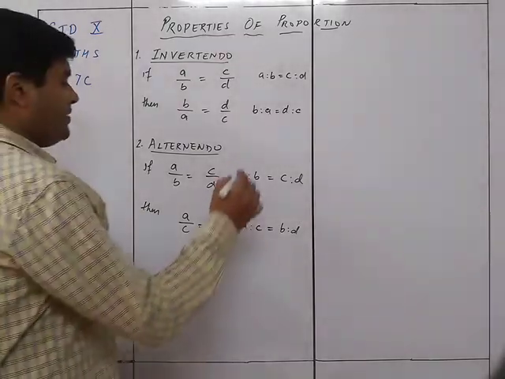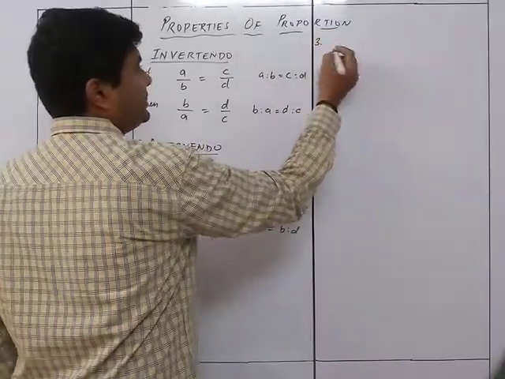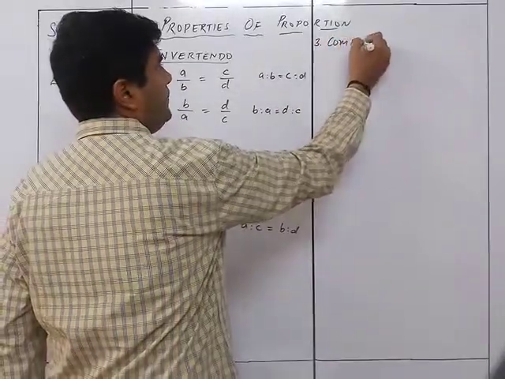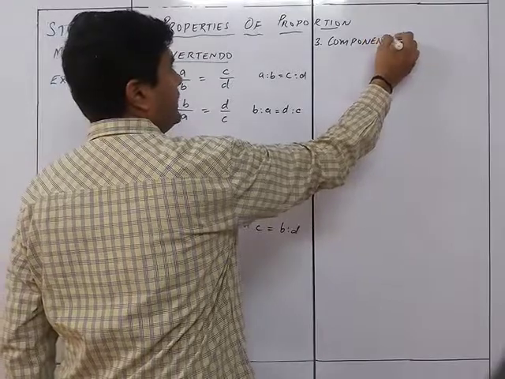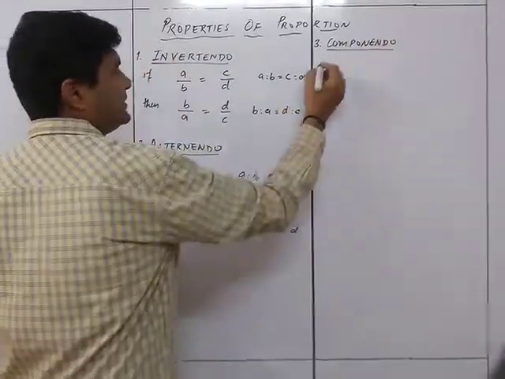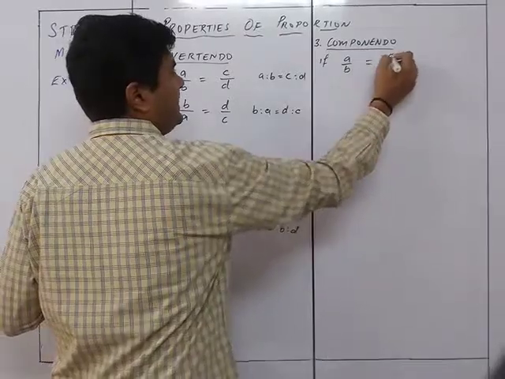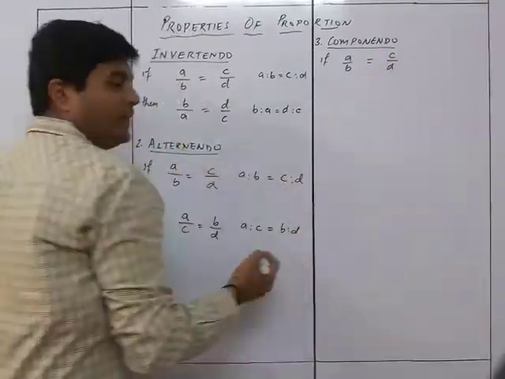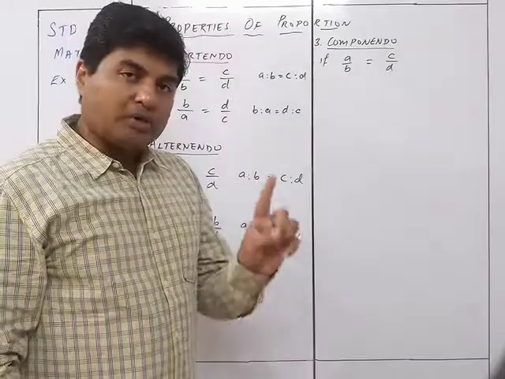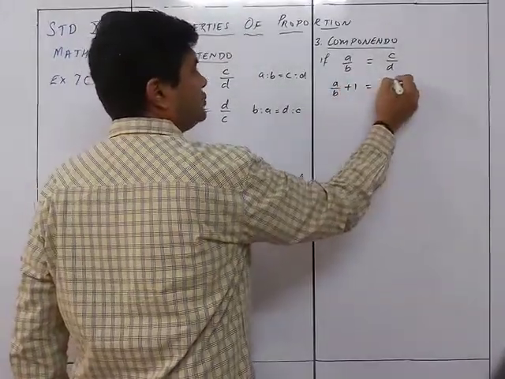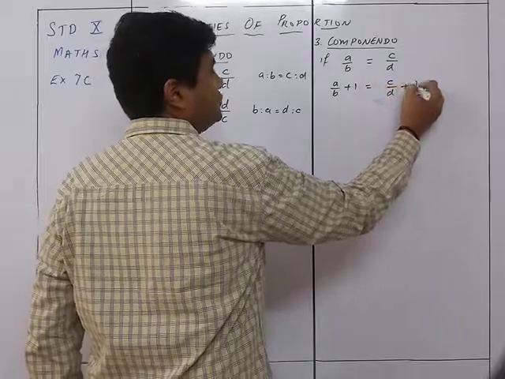The next one is called componendo. If A upon B is equal to C upon D, then we are going to add 1 to both the sides. So we have A upon B plus 1 is equal to C upon D plus 1.